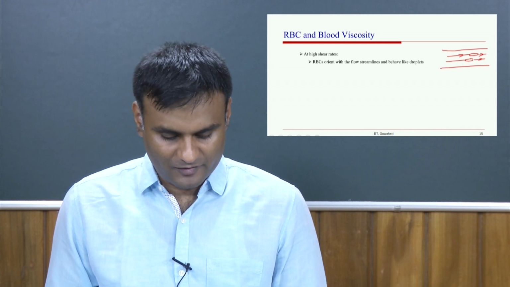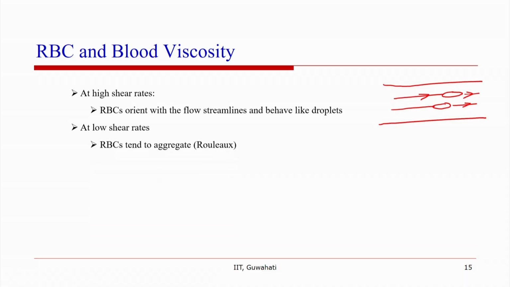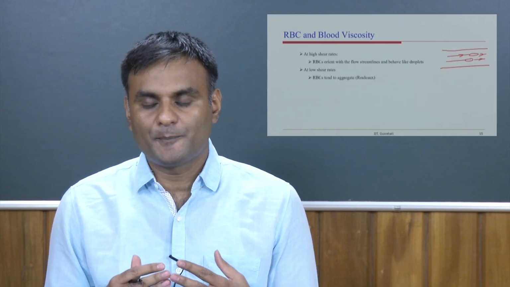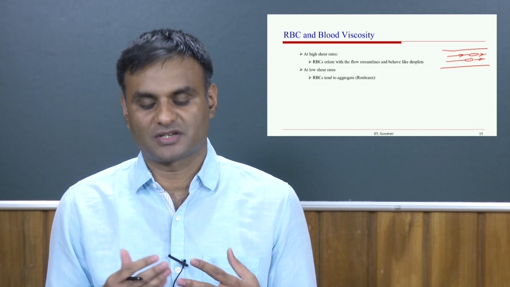However, at low shear rates, what happens? The RBCs tend to aggregate. At very small shear rate or at rest, RBCs form a network of red blood cells, or they have aggregated, and with the increase in the rate of shear, the network starts breaking up, and at a particular value of shear stress, the blood starts flowing.